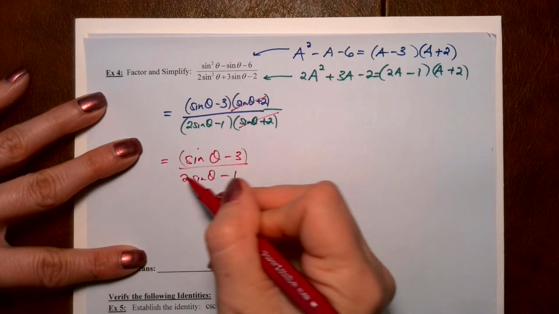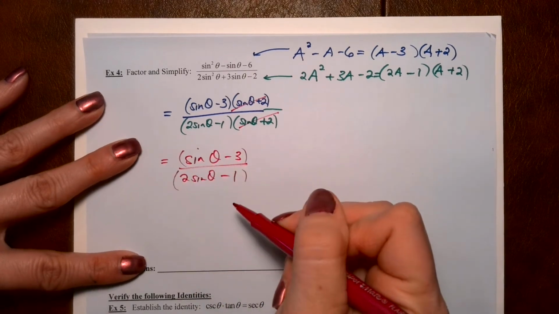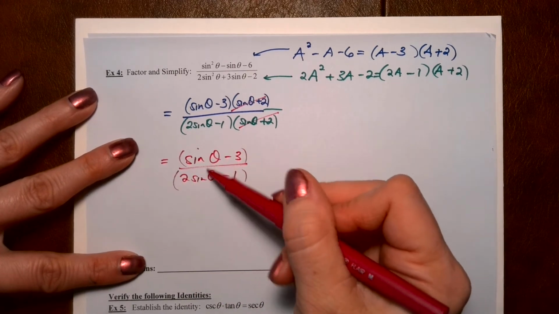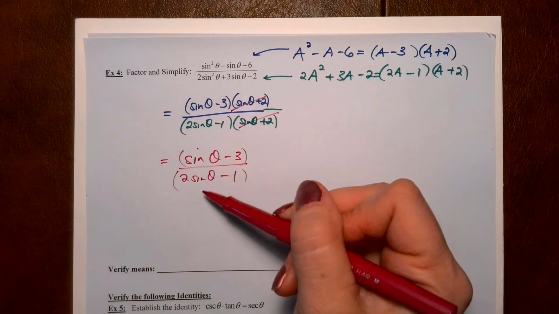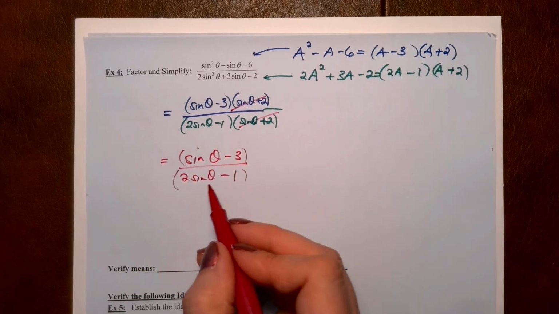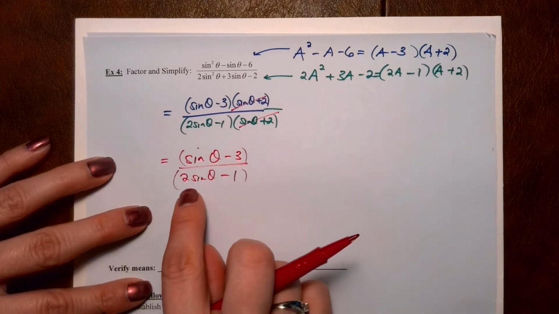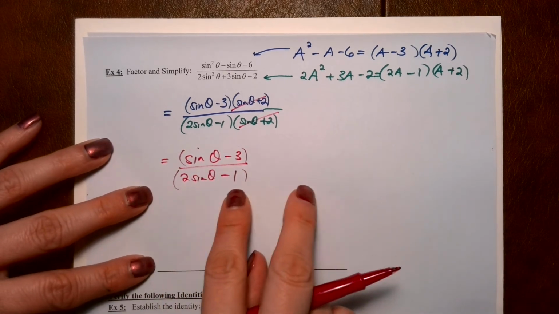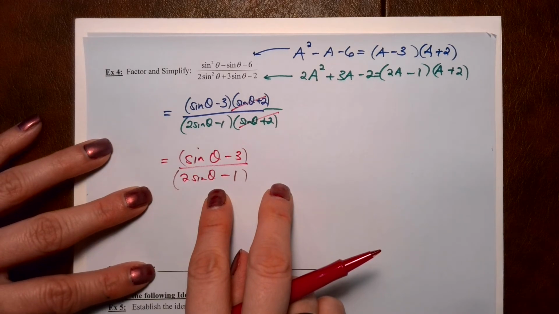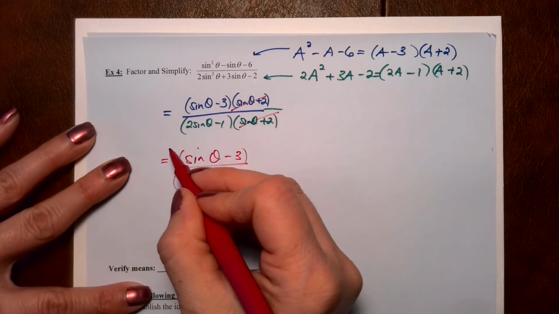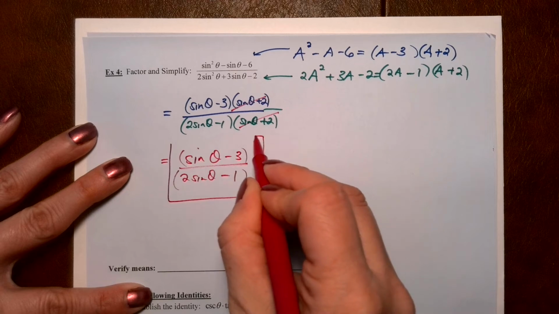Now these are quantities, so you can't cancel anything. I can't really write them as reciprocals at all. I can multiply by conjugates, but since that's a 2, we're not going to get Pythagorean identities. So this one, we're just going to stop right here.